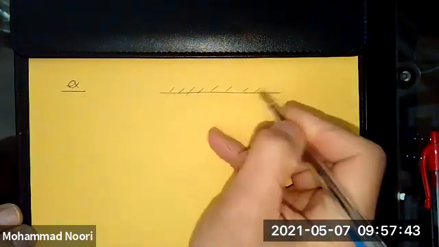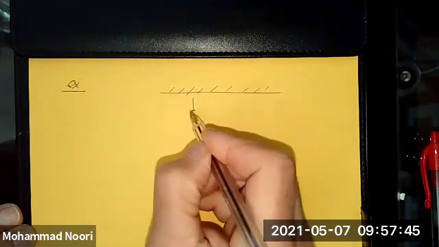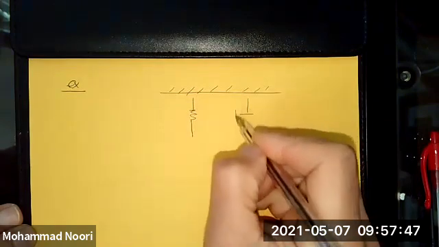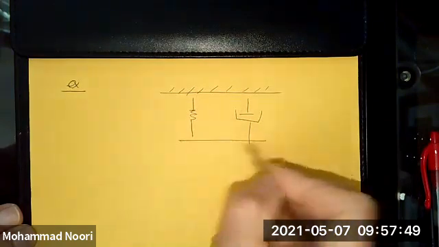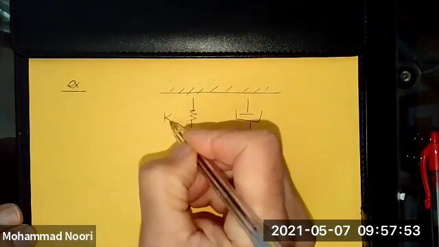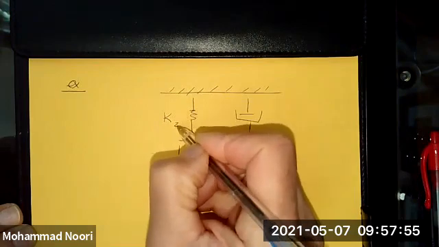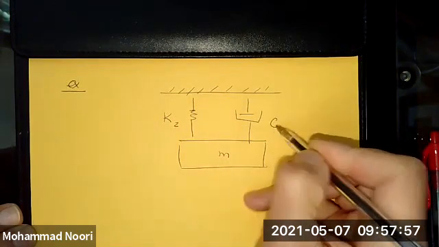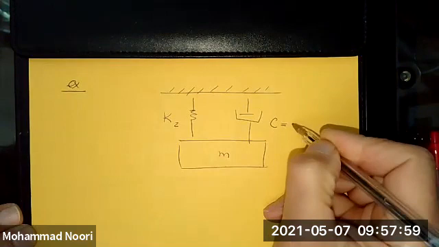Okay. So let's say you have a damped system that looks like this. You have a system supported by this stiffness and damping element. And in fact, the values are given.